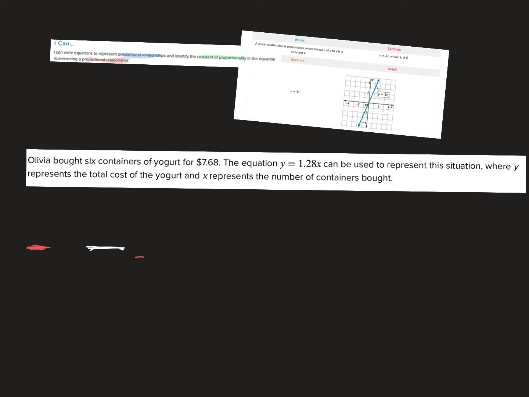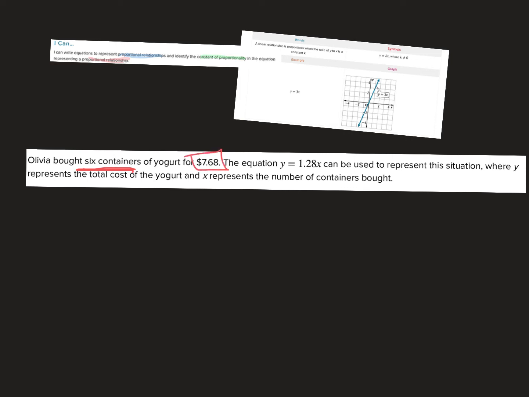We went from something totally understandable with ratios, and now we have all these x's and y's in there. Okay, remember, we are still dealing with ratios. Now it's just in mathematical form. So we have Olivia, who's buying 6 containers of yogurt for $7.68.